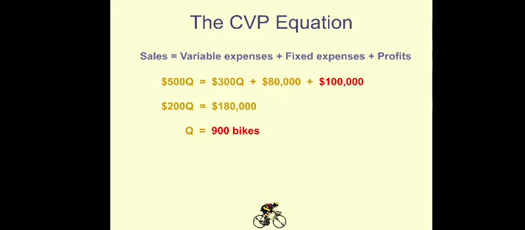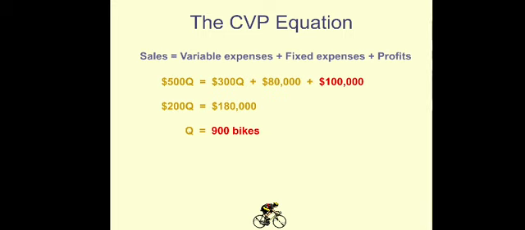First, you can use the equation. Remember this equation? Total revenue or total sales equal to variable cost plus fixed cost plus the target profit. You put the target profit here.